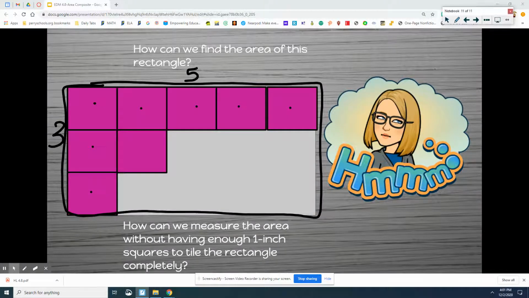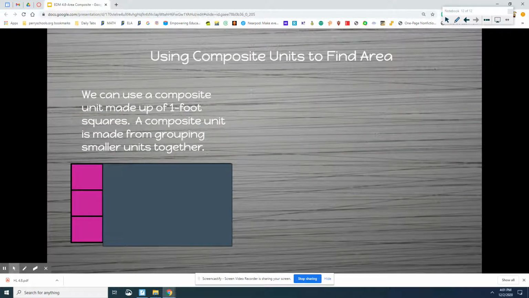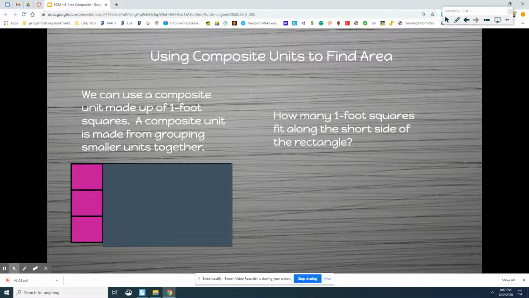So what we're going to do is take the shape, and I shrunk it down a little bit, and we're thinking of how I can use a composite unit to group these into smaller units. One thing that I know is how many square feet are along the short side of the rectangle.